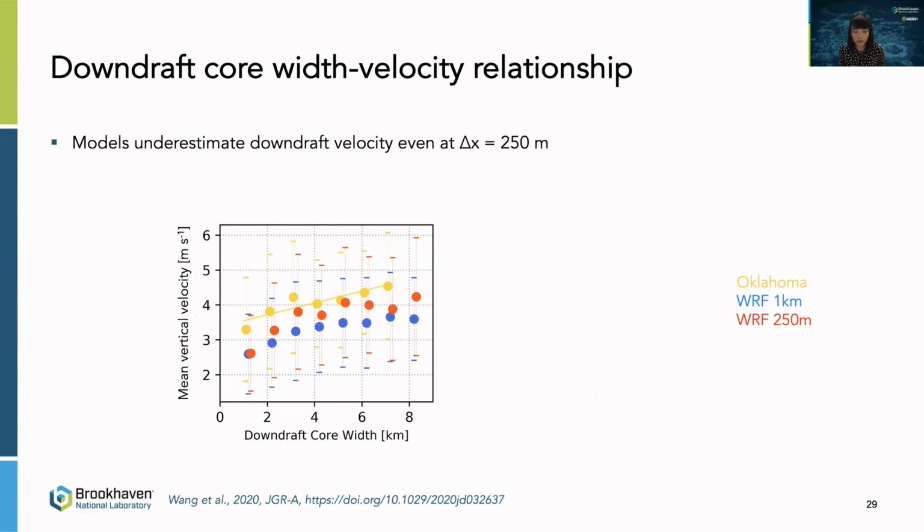Another thing that people don't always pay attention to is the downdraft core properties, and it's where we see most of the improvements. Here again, the higher resolution models are much better in terms of simulating the downdraft core vertical velocity, but we do see an underestimation of downdraft velocity for a specific core size.